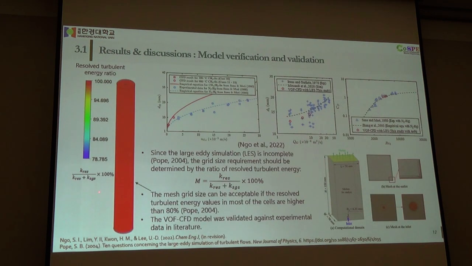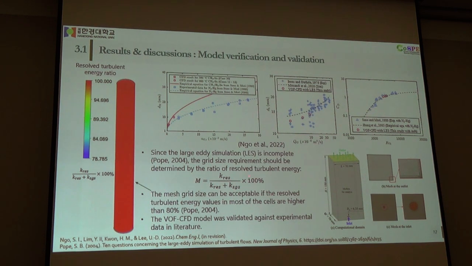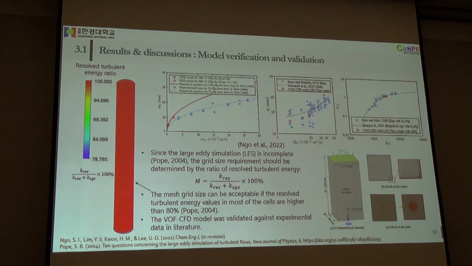And this is the model verification and validation. As we know, LES is incomplete, so the grid size should be determined by the CFD results. We need to calculate the ratio of the resolved turbulent kinetic energy to the sum of the resolved and subgrid scale turbulent kinetic energy, and we need to ensure that most of the cells within the volume are higher than 80%.